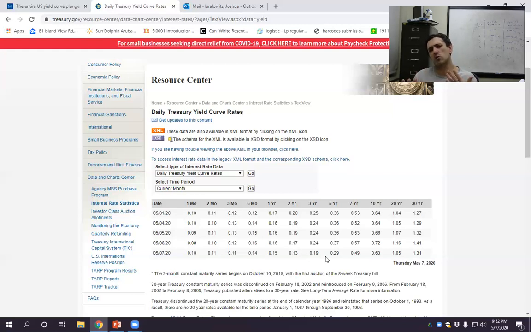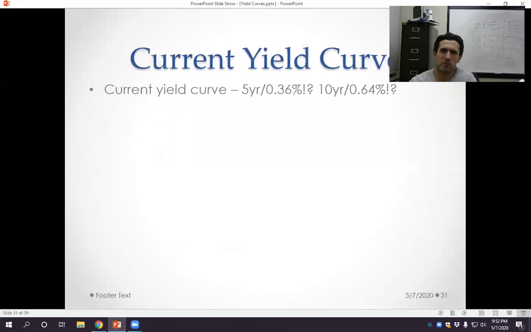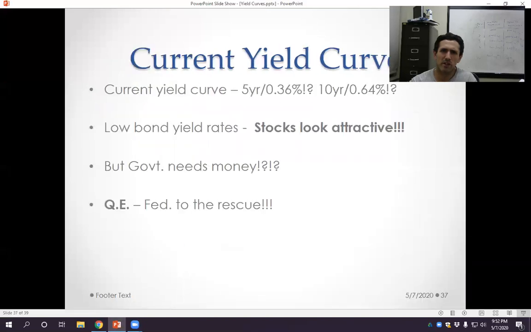That's what's typically called quantitative easing. Basically it's the Fed buying bonds, which is a little strange, and it sounds a little backwards that the government is buying its own.